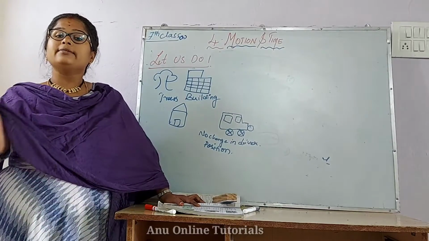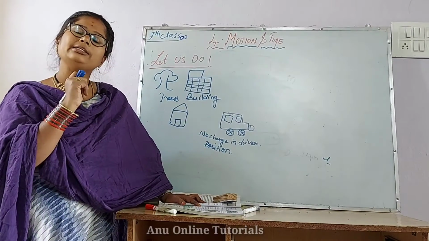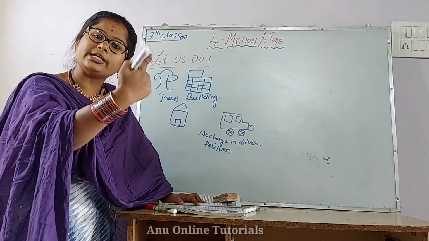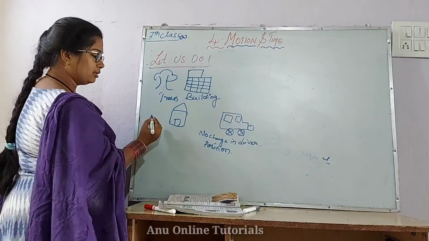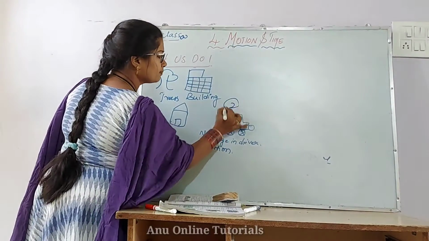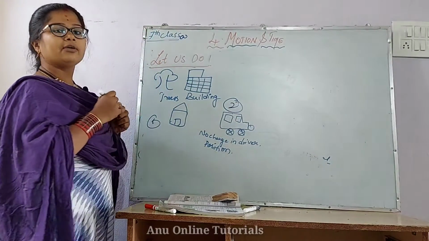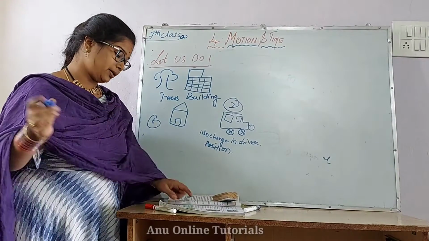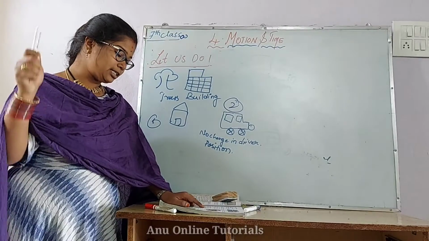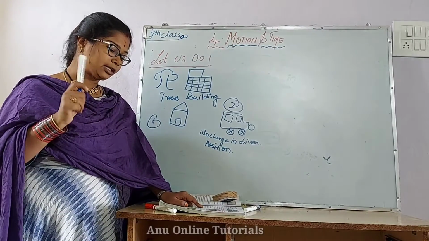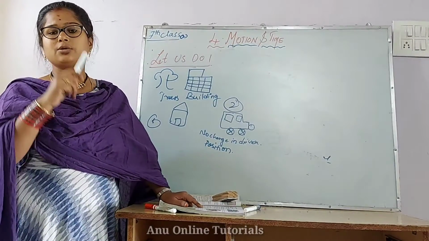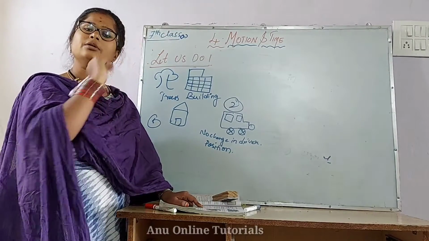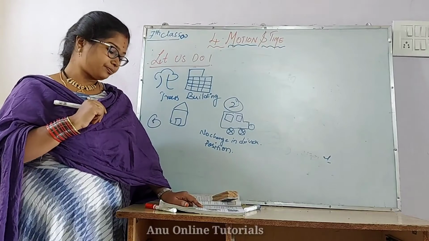Are the buildings really moving, are the poles moving? No. As the car's position is changed from position 1 to position 2, you feel that they have changed their positions. So they are going back, isn't it? Means the car is moving from one place to another place.